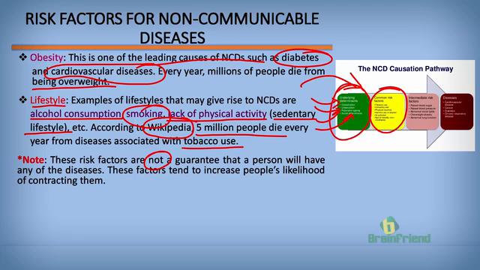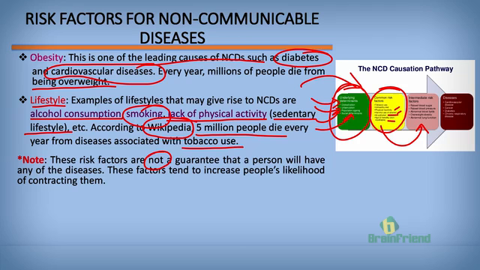Okay? Tobacco use, unhealthy diet, physical inactivity, harmful use of alcohol, air pollution. We've talked about urbanization. It can lead to air pollution, age, and heredity. Okay? Now, these risk factors will now lead to what we call intermediate risk factors.